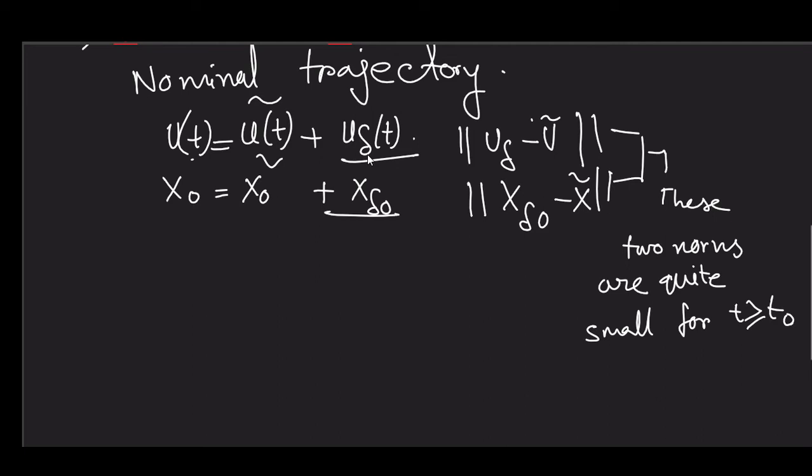So we are assuming that our solution comprises the nominal solution and a perturbed one, so this is close to the nominal solution.